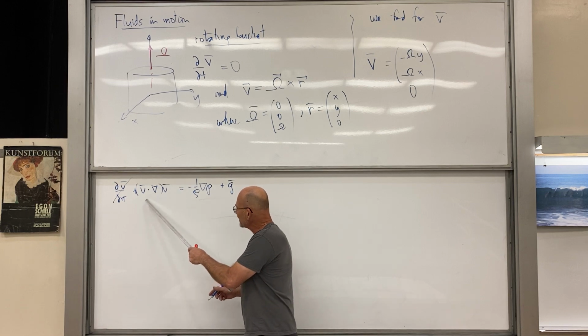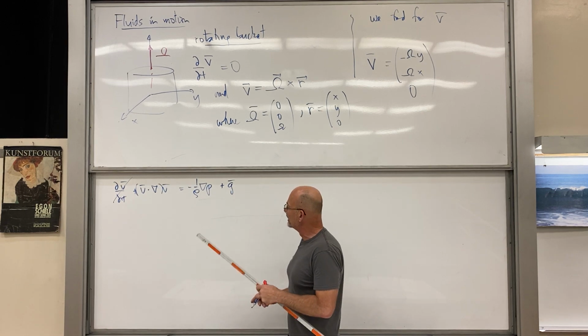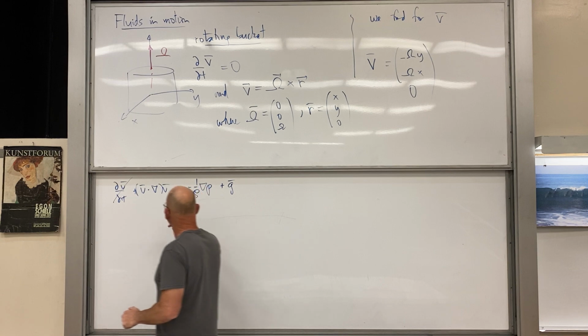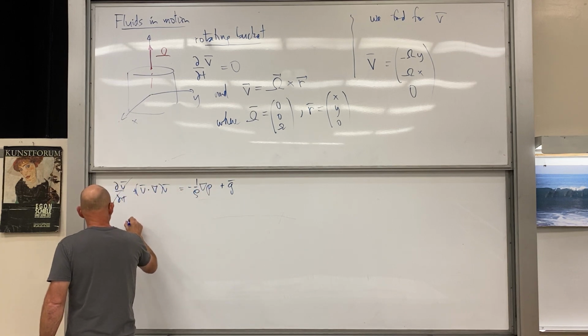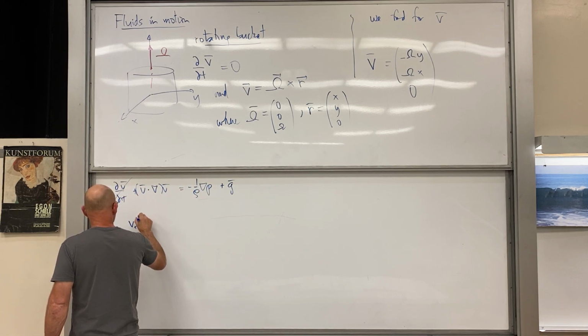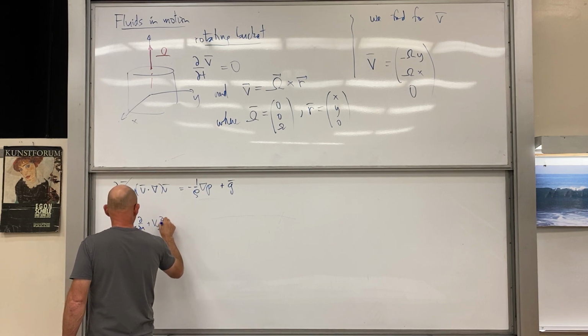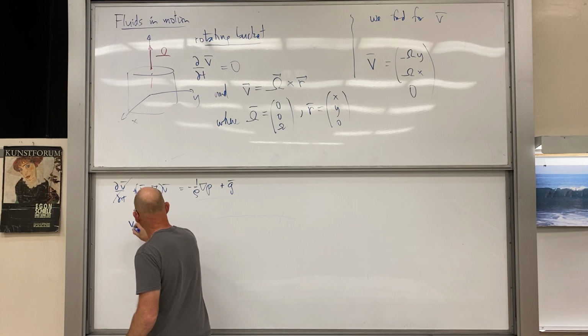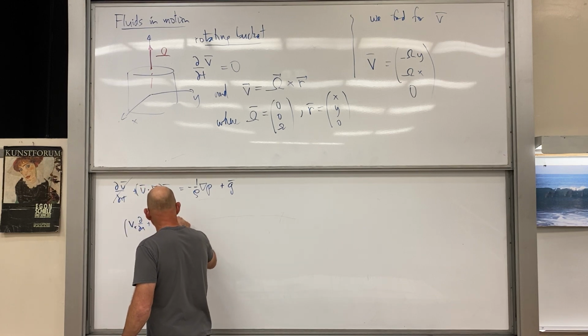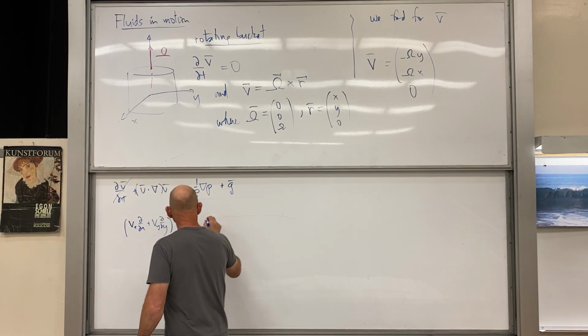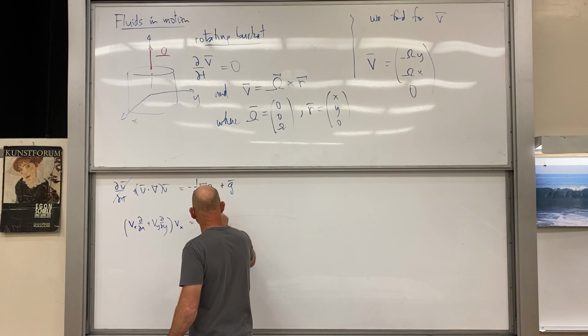This here has x, y, and z components, and so we'll write those out. We're going to have vx d over dx plus vy d over dy applied to vx equals minus 1 over rho dp dx.